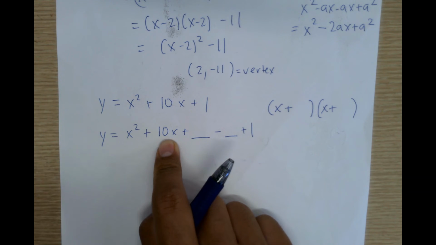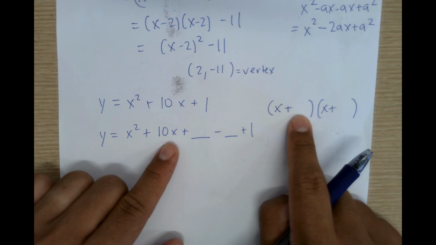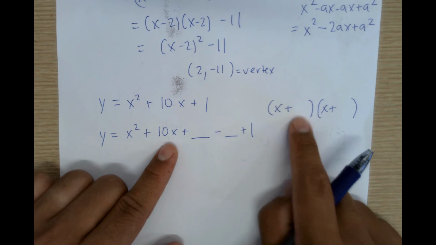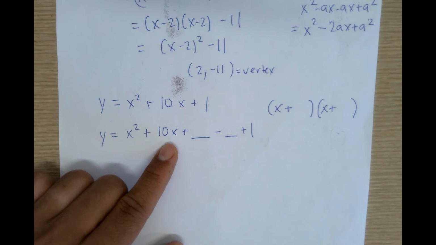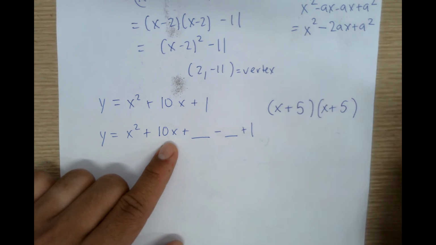Whatever number is going to be right here, that's going to multiply itself 2 times, is going to be half of 10. So what is half of 10? 5. So we know that this is going to be x plus 5 times x plus 5.